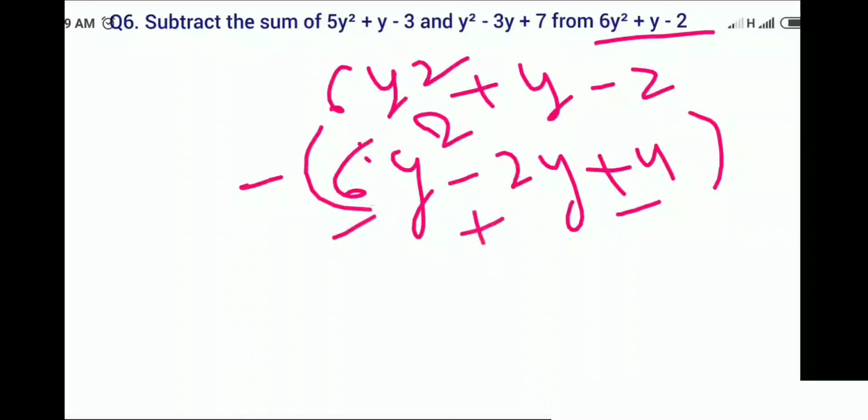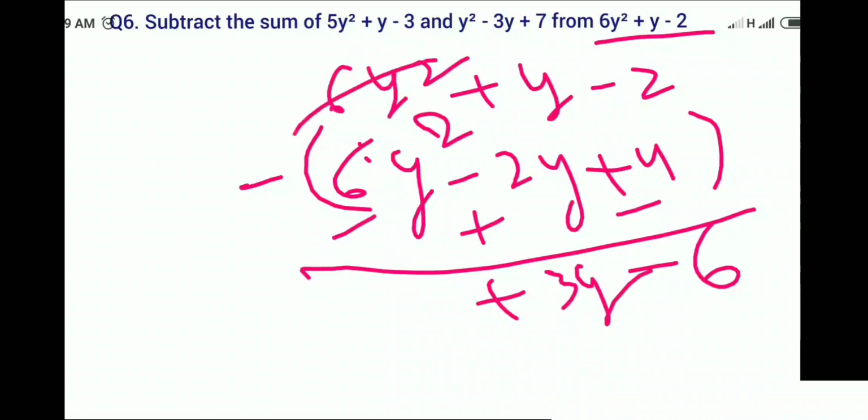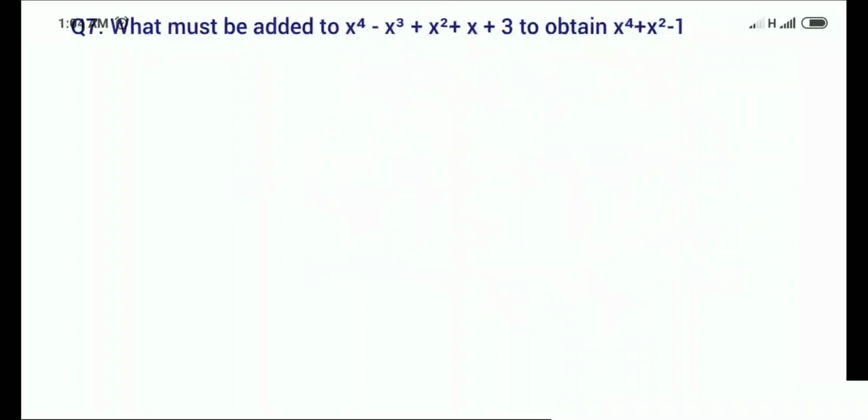Change the signs. Minus 2 minus 4 becomes minus 6, plus 2y plus y becomes plus 3y. 6y square minus 6y square cancels out. So the answer is 3y minus 6.